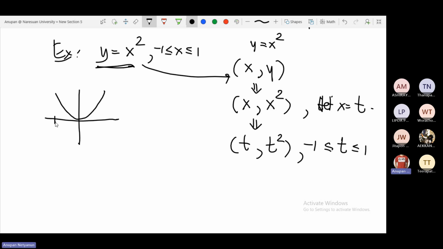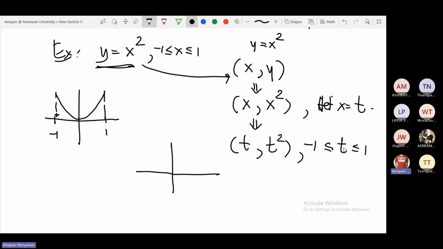Okay, and x is between -1 and 1. So I have a graph from here to here of the parabola. But over here, I introduce a new variable. What I have is actually the same graph.